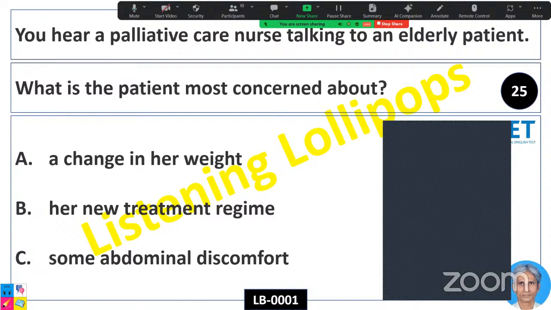Very good. Concerned. Now write the synonyms of the word concern.